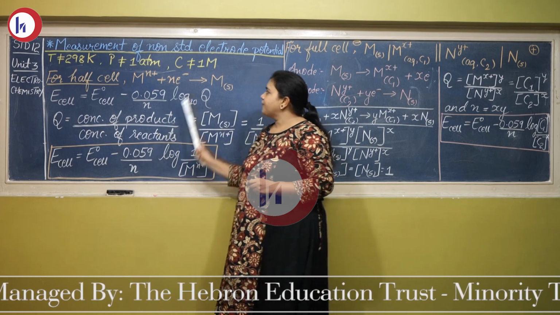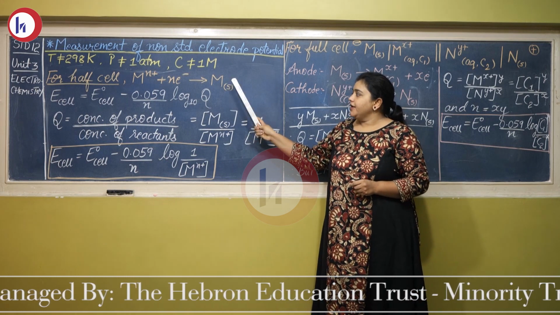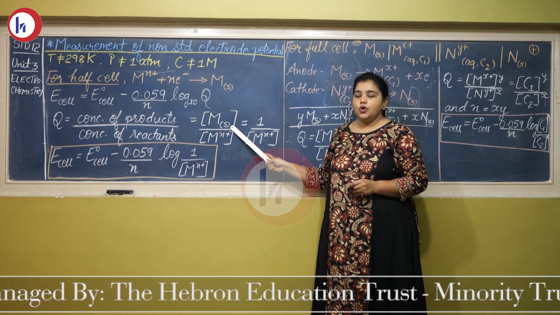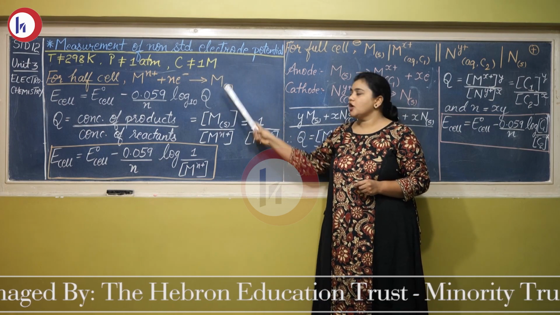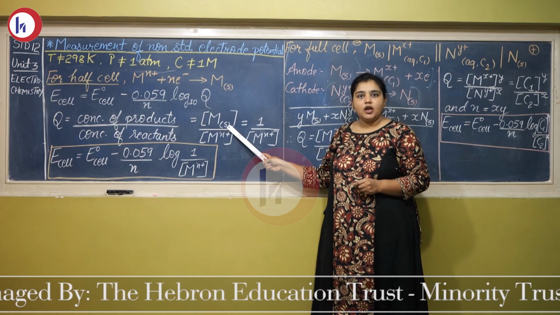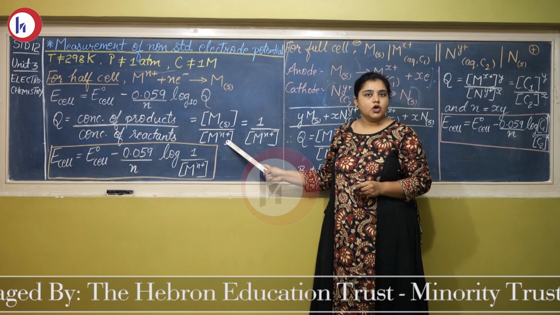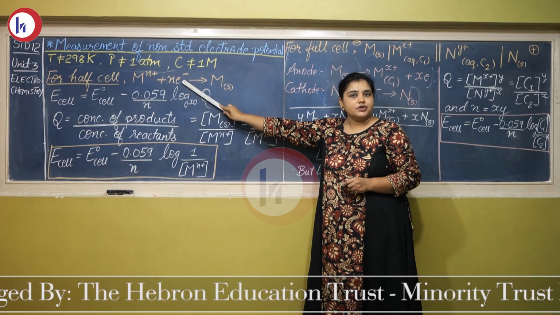Now, applying this formula in the equation for half cell, we can write the reaction quotient Q for a half cell is equal to the concentration of the products, that is the metal that is deposited on the electrode, which is in the solid form, divided by the concentration of the metal ion in the solution. We do not write the number of electrons as concentration.